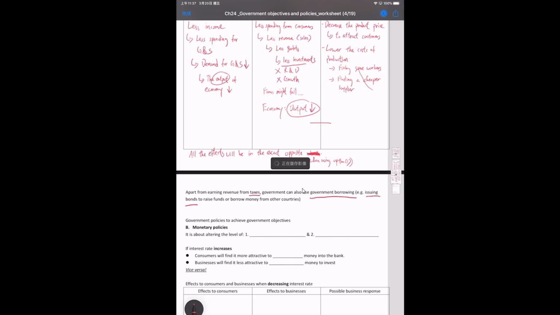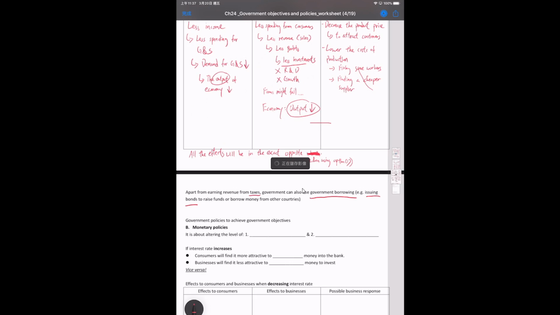When people like you and me buy bonds from the government, we are lending money to the government. It works just like a commercial bond. So if we decided to lend money to the government, they will have more money and they are able to spend more in the society.